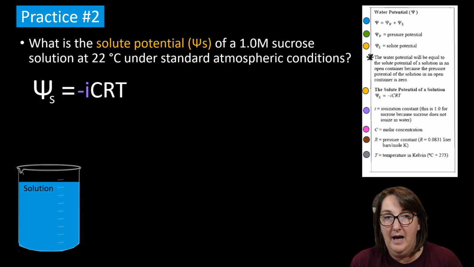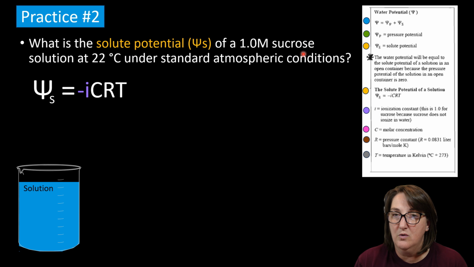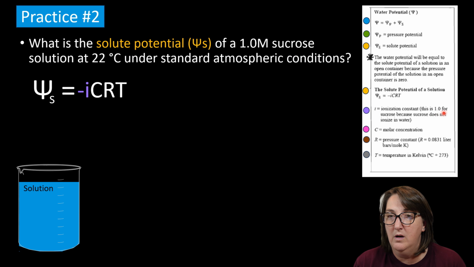So let's look at i. What solution am I working with? I'm working with sucrose. And if you remember, we looked at sucrose: 1 is for sucrose, 2 is for salt. So I'm going to have 1 for sucrose. I look at C, this is my molarity. A capital M is a mole, so that is going to be 1.0 moles.